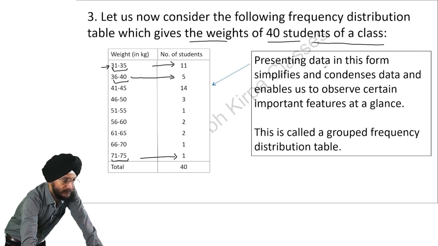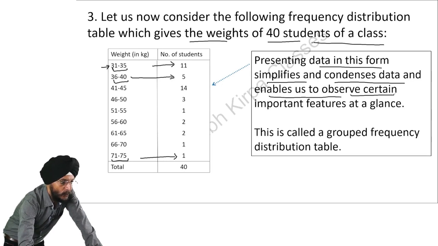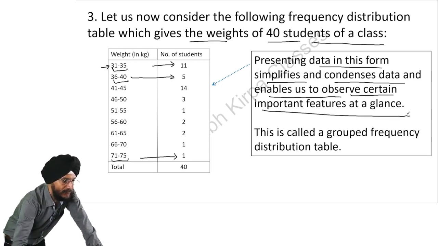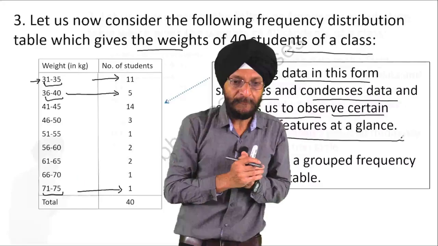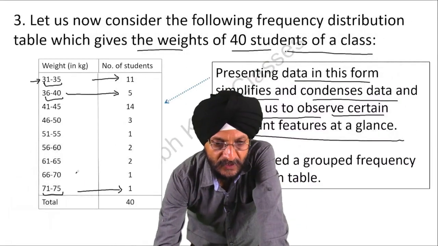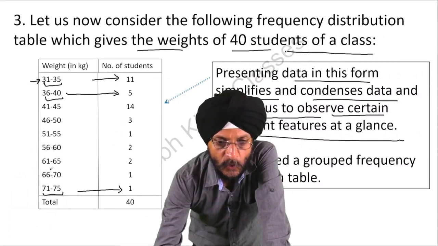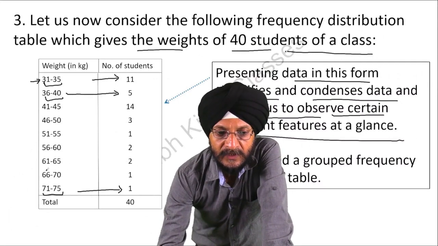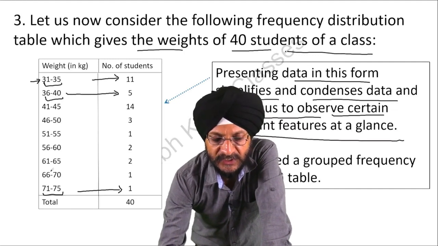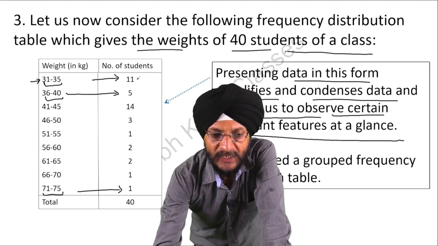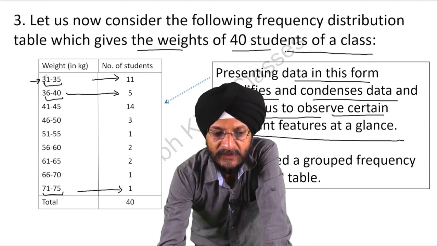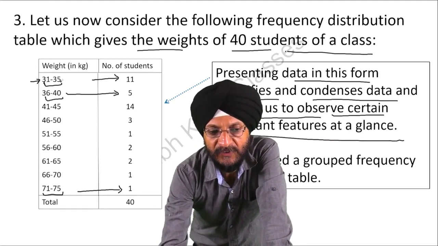Presenting data in this form simplifies and condenses data and enables us to observe certain important features at a glance. From this figure, we can easily say that there are only 2 students who have a weight equal to 66 or more, or there are only 11 students who have a weight between 31 to 35 kg.